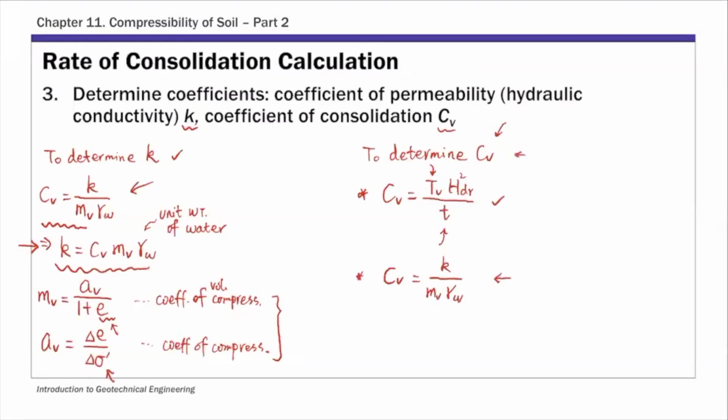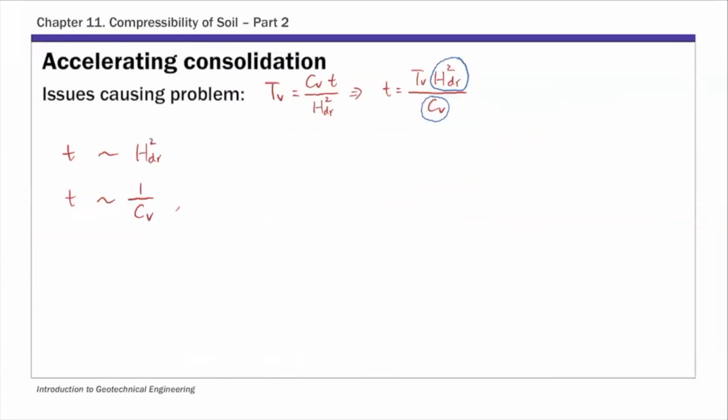So if you look at here, C sub V is related to the permeability of clay. And we know for clay, K is very small, so that permeability is very small. So therefore, if you plug this into C sub V, because K is very small, this inverse ratio is large, so your T is large. And also, if your drainage distance H_DR is large, then you get a large T as well.